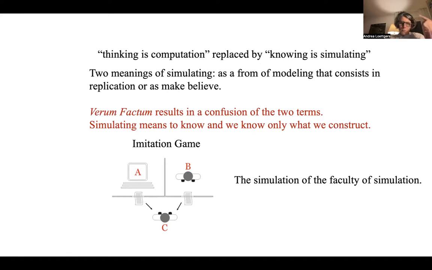But Turing adds a second level: you have men and women, and the computer tries to simulate being a woman so that the observer cannot tell the difference.